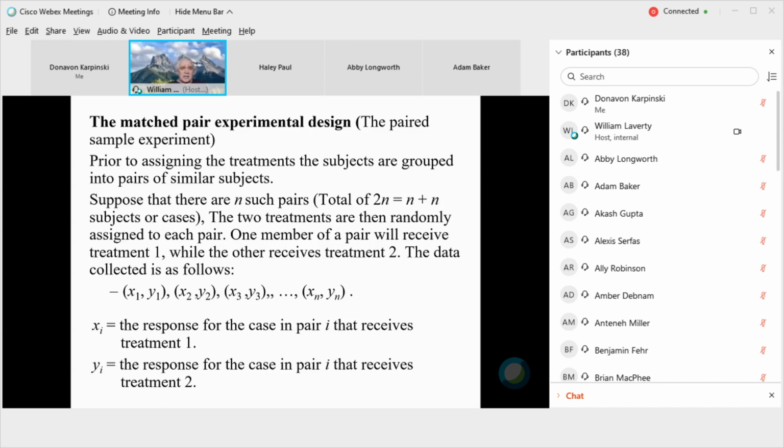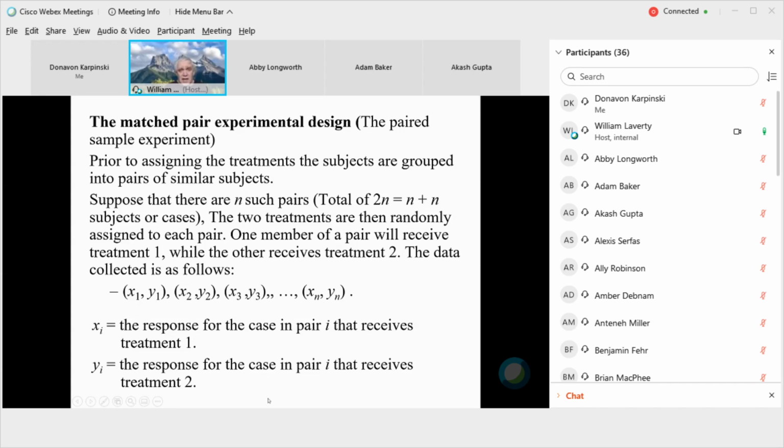The matched pair design. This is an improvement in the design. So prior to assigning the treatments, the subjects are paired into groups of similar pairs. That way, the difference between the two treatments will be more reflective of the actual difference in the two treatments.